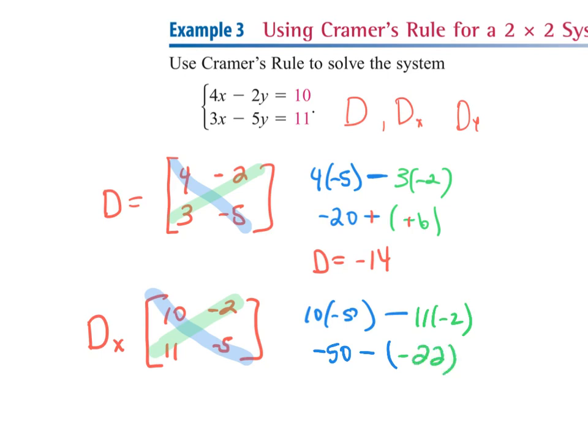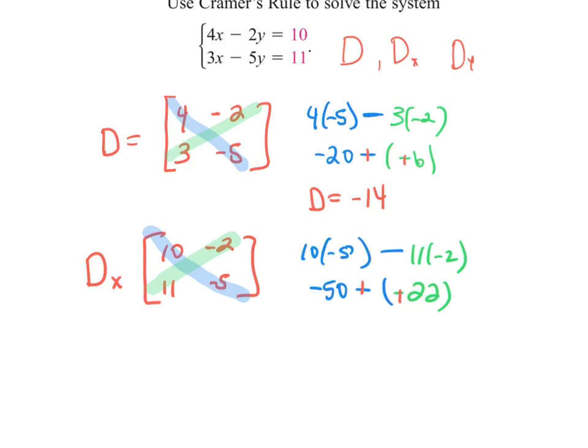Negative 22. So now I have 2 minuses equal a plus. So negative 50 plus 22. My D sub x equals negative 28.